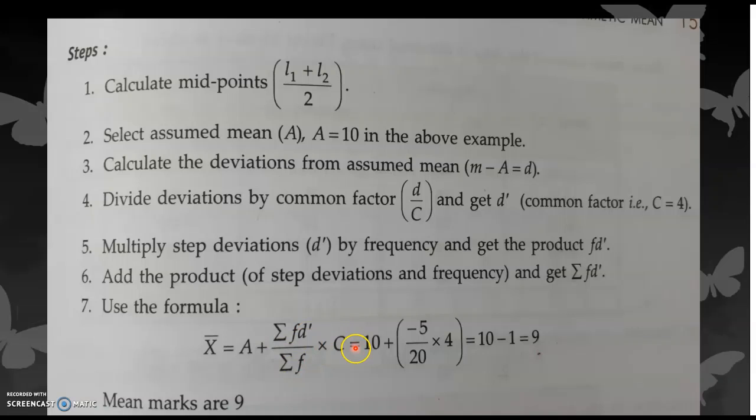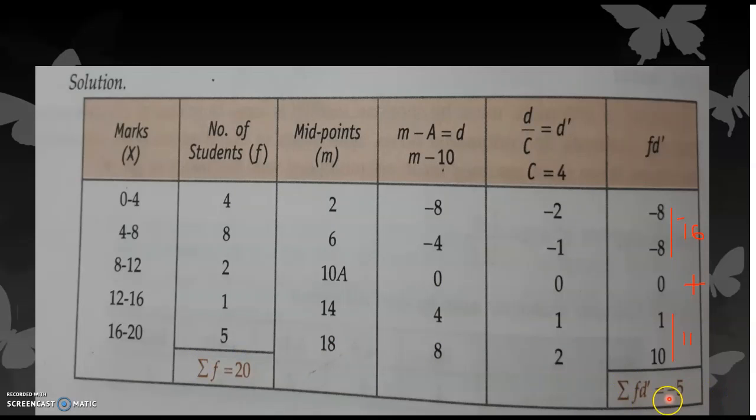By applying the values, we get X bar is equal to assumed mean 10. Here assumed mean is 10. So 10 plus FD dash. What is the value of FD dash? Minus 5.